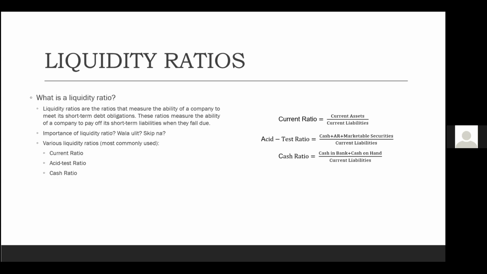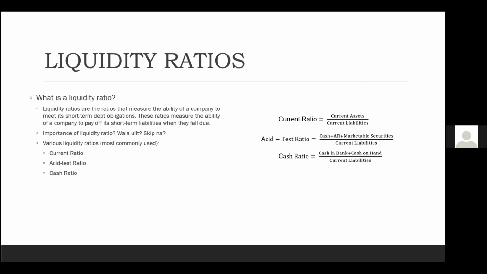The current ratio is computed by dividing current assets by current liabilities. What does the current ratio imply? We calculate if the company is liquid enough, if it has enough current assets to cover its current liabilities.